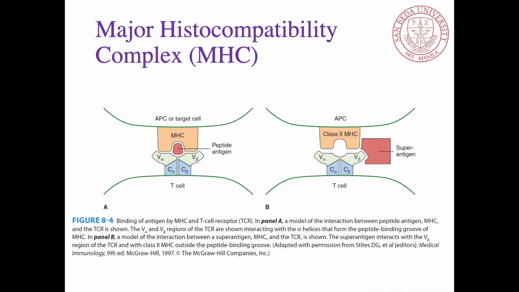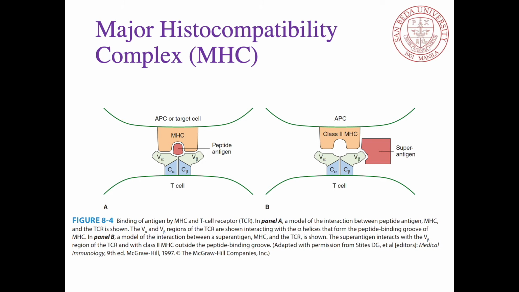Now, still with major histocompatibility complexes, it's best that I present this particular image. The panel on the left is what I've been talking about earlier. This is the usual setup for antigen presenting cells, wherein the antigen, which is processed from the engulfed pathogen, is presented in the so-called peptide binding groove in the MHC.